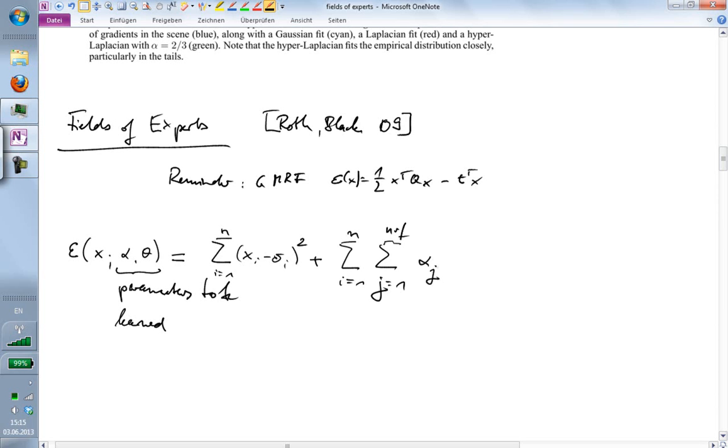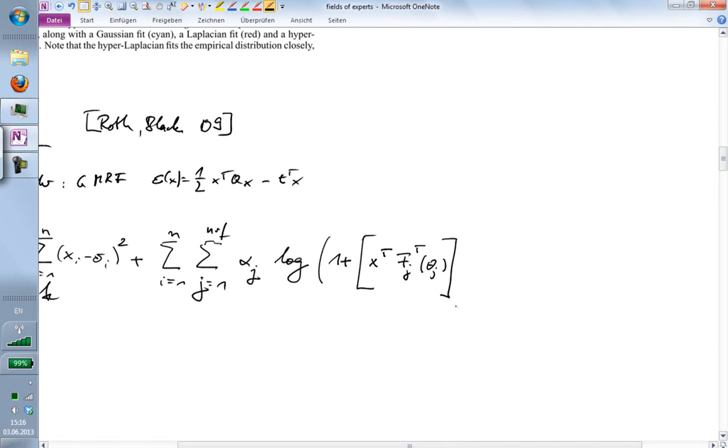And these filters are weighted with some parameter. And we have a log of 1 plus, I'm writing this here in a quadratic form, stressing the dependence on parameters of these filters. And we're only looking at the ith pixel here.